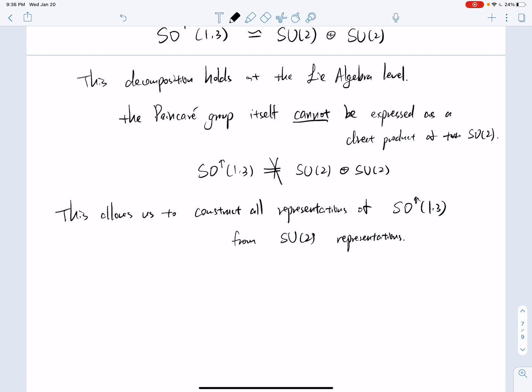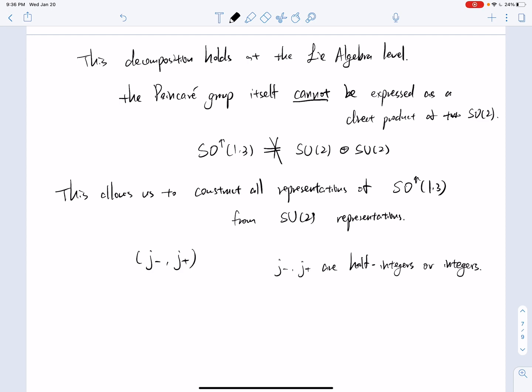What does it mean? It means that we can label our representation of SO(1,3) by two numbers which correspond to the representation of SU(2). So we can label them by J minus and J plus, which are half integers or integers, pretty much like we do for spin in quantum mechanics.